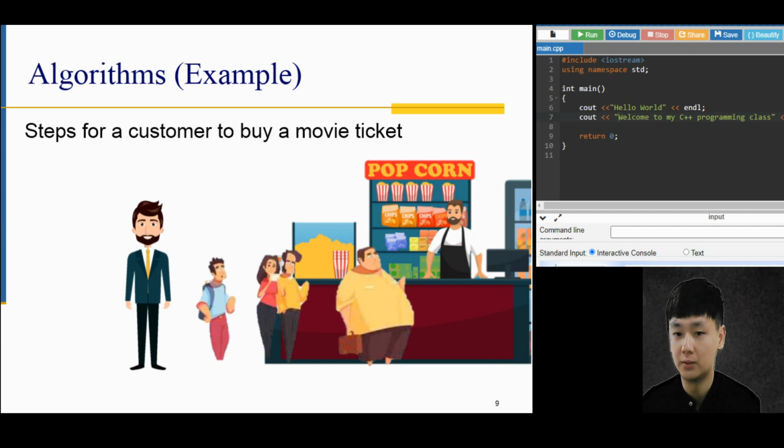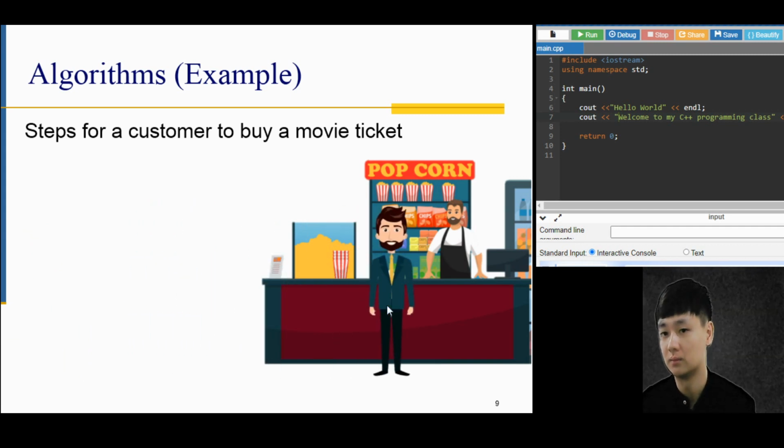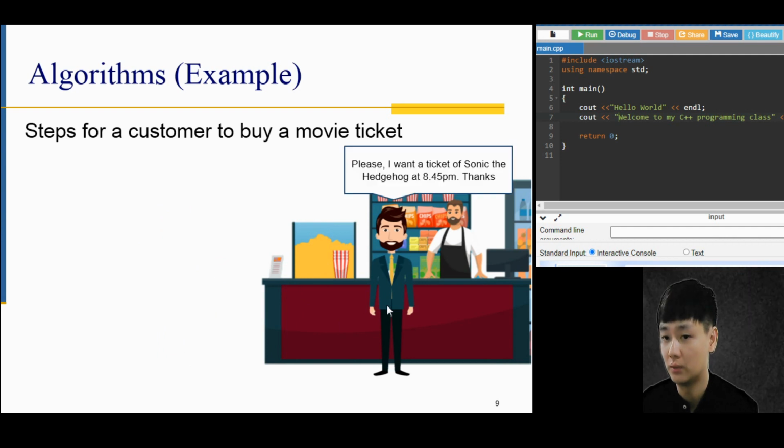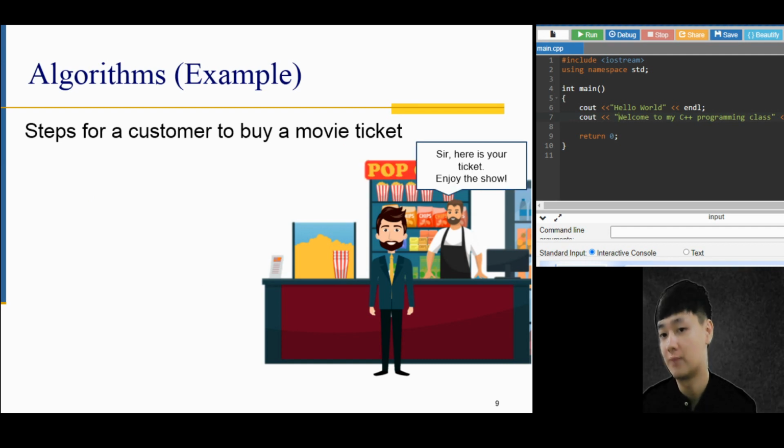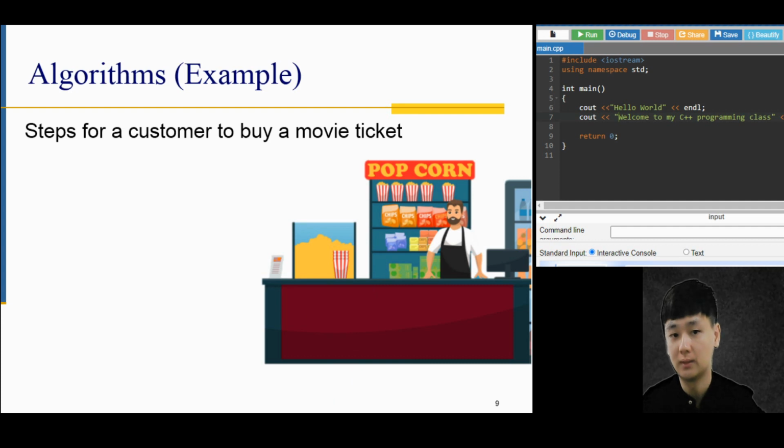Next, you go to the designated counter and order your ticket, stating the movie name, time, and seat number. Finally, you make payment, get the ticket, leave the counter, and enjoy the show.